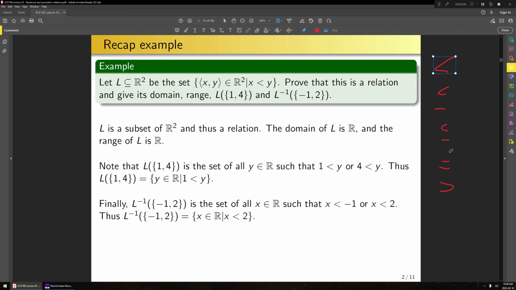So what we want to do now is to explore what type of properties of relations would give us, say, this type of an operator, or maybe this type of a binary relation. So that's the mathematical goal.